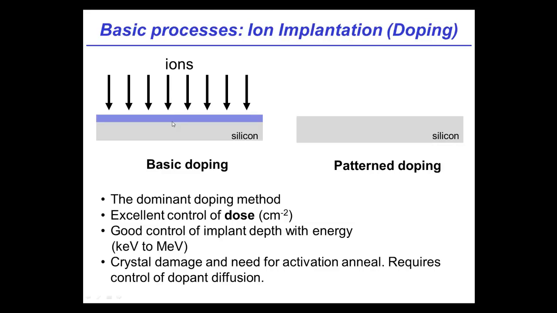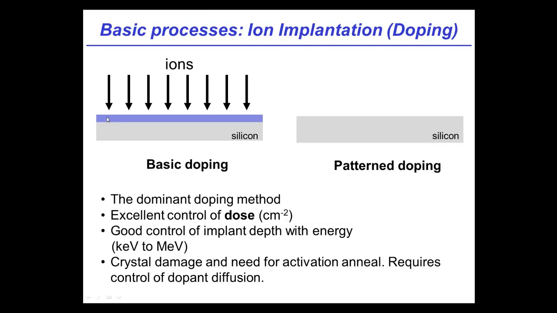What happens is the ions slam into the wafer, and if the ions are fast enough, they don't bounce back. In fact, what happens is they sort of punch through into the interior of the wafer, and they go a certain depth before they stop moving. It turns out as they enter the wafer, they start slowing down, and ultimately they stop. And so what you end up getting is this region in which you've been able to introduce ions.